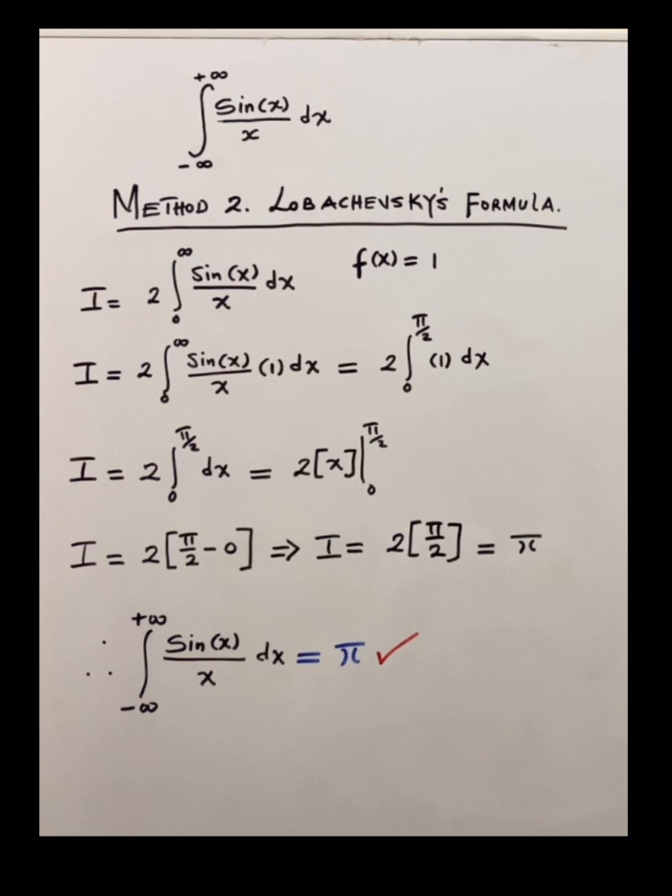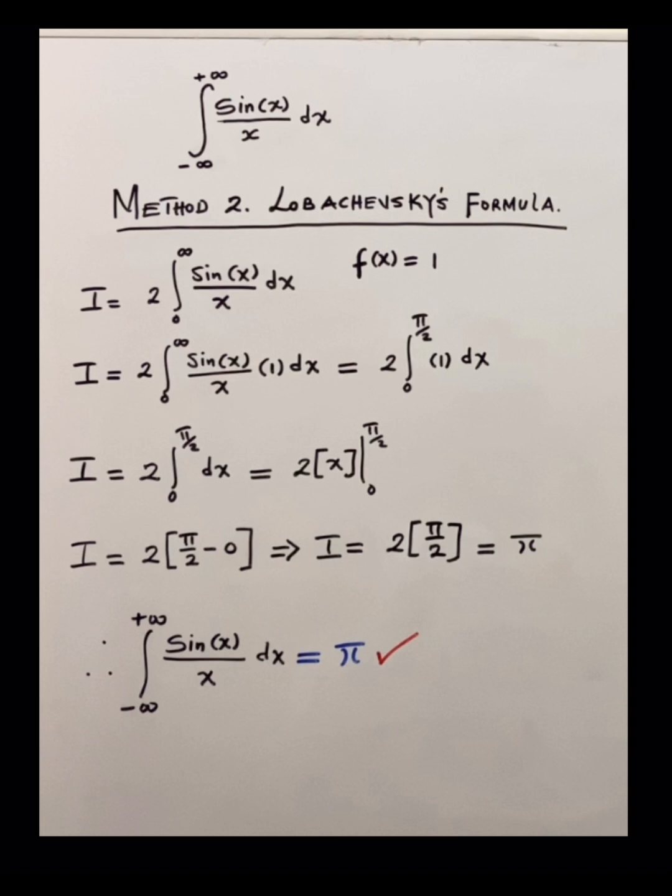It does obey all of the conditions stated. So we transform 2 times the integral from 0 to infinity of sine of x all over x times 1 dx to just be equal to 2 times the integral from 0 to pi over 2 of 1 dx, because 1 is equal to f of x. And when we integrate, 1 is just like multiplying 1 by dx, it's just dx.